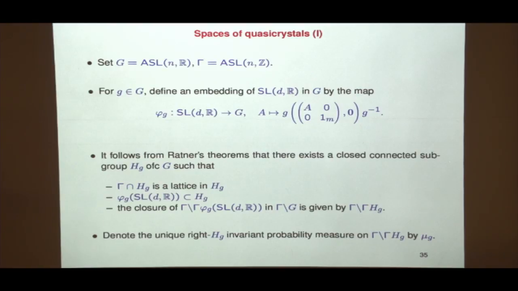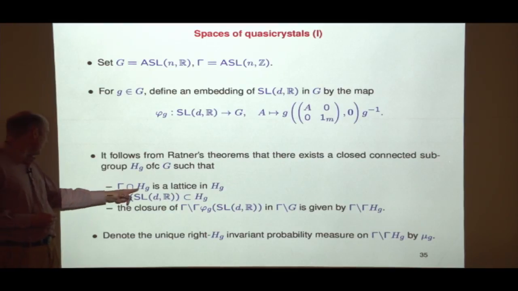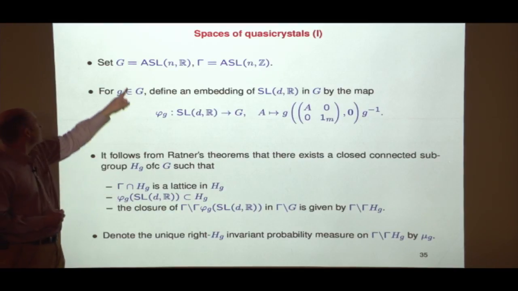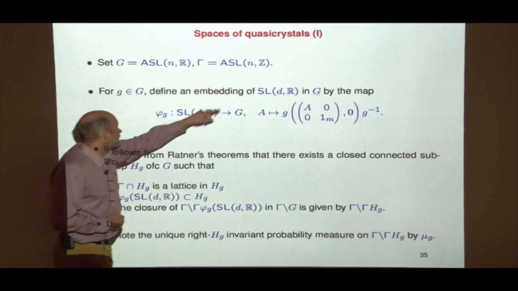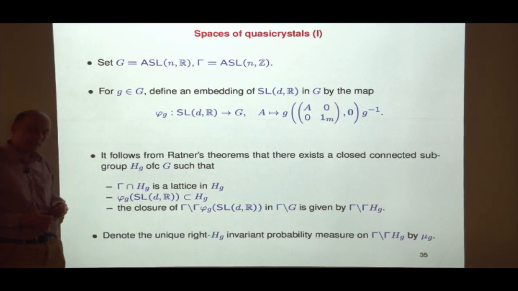Okay, and now Ratner tells us, and this has nothing to do now with equidistribution or unipotent flows, Ratner's theorem spits out that you can find a closed connected subgroup, H_g, in G, so that Γ, the intersection of our big lattice, ASL(n,Z), with H_g is a lattice in H_g.